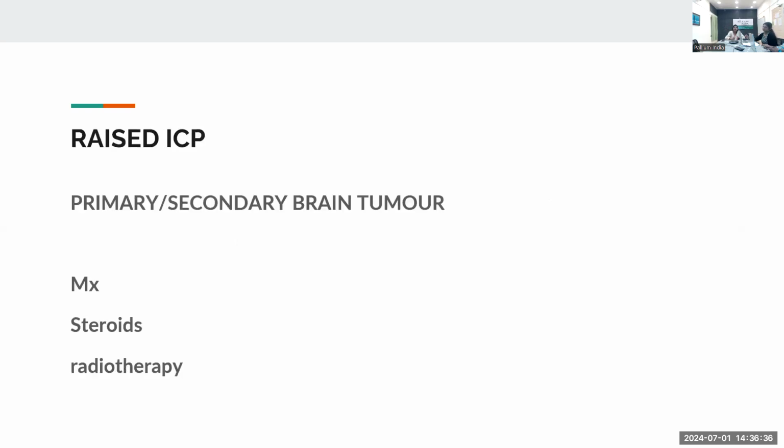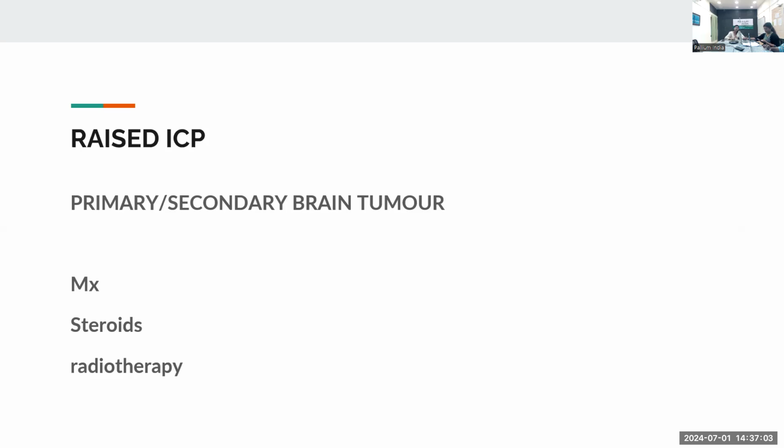And coming to the other point, raised ICP. So here, it is a little different. A patient having a malignancy in the brain or a patient having raised ICP due to some other space occupying lesion. What is the cause of vomiting here? It is because of intracranial pressure. There is an increase in pressure.